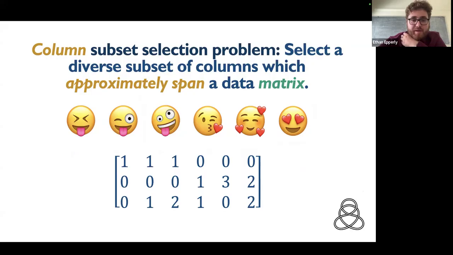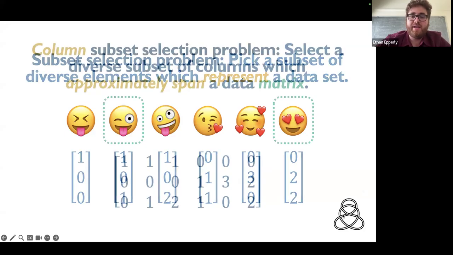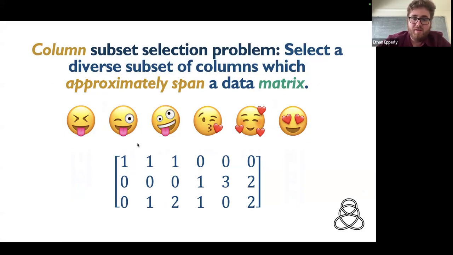By represent in this case, I'm going to mean approximately span. My goal is to pick a subset of columns where if I take their linear span, it's going to approximately contain all of the columns in this matrix. So I've taken this qualitative notion of a subset of items which represent a data matrix, and I've made it more mathematical by replacing the word represent with approximately span.